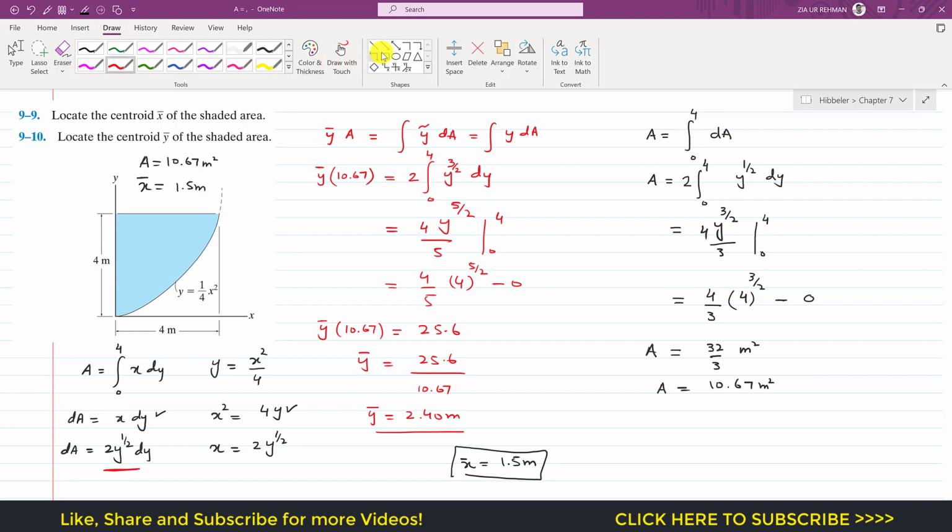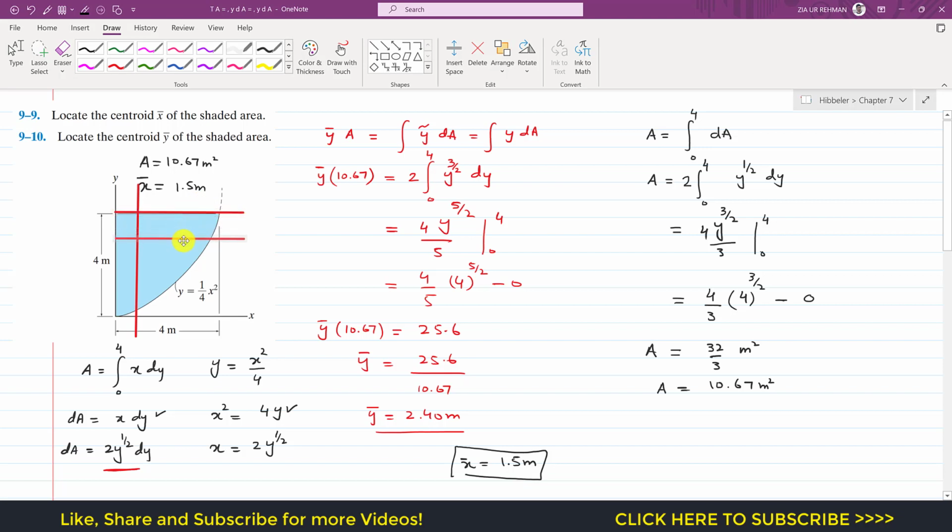So the x bar is located at a distance of 1.5 meters. So somewhere here we will have 1.5 meters, right? So on this vertical line, the centroid is located somewhere, and similarly the y bar is located at a distance of 2.40.